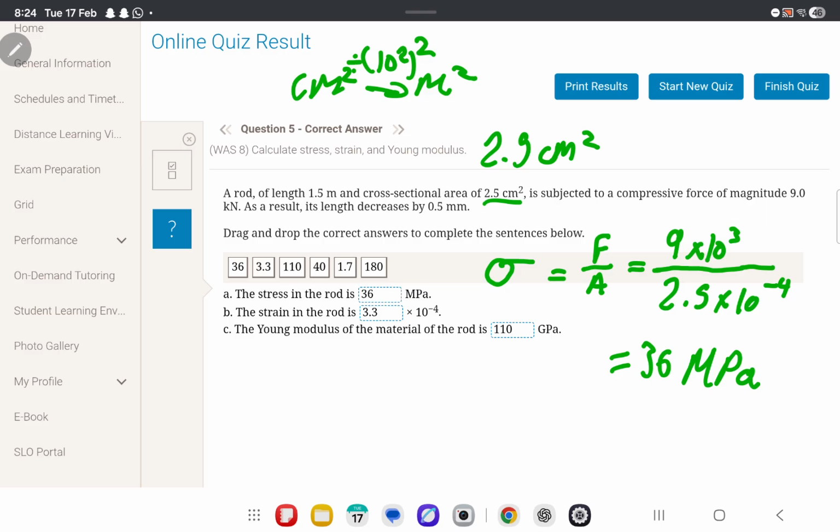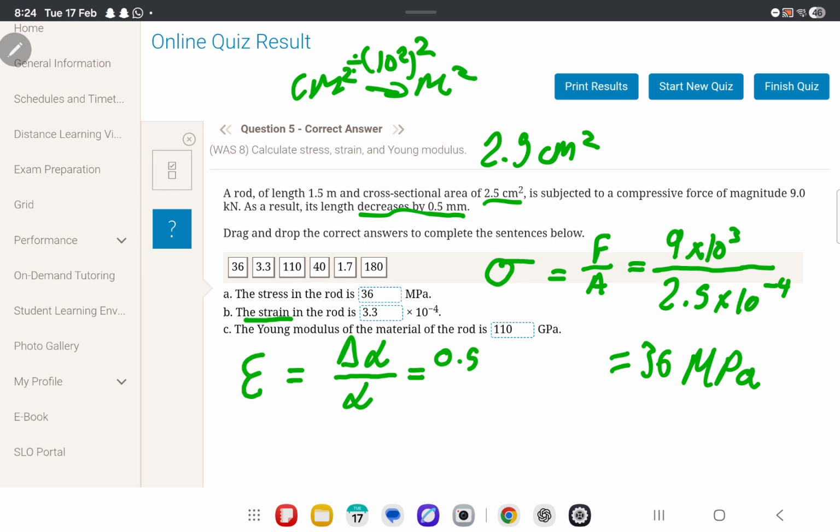Now, the strain in the rod. The strain is represented by epsilon, which is the E, as in physics, for EMF. Now, this one is the change in the length, delta L, over the initial length, L. But it's not with a sign, it's magnitude. So here it decreases by 0.5 millimeters, right?